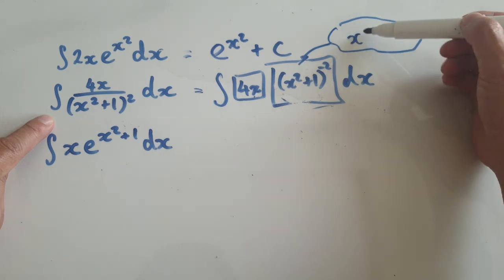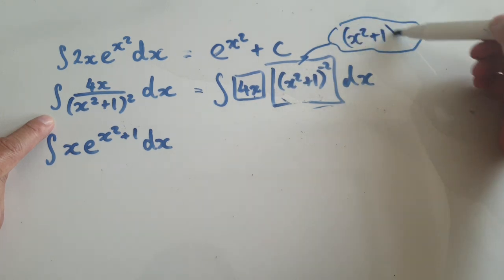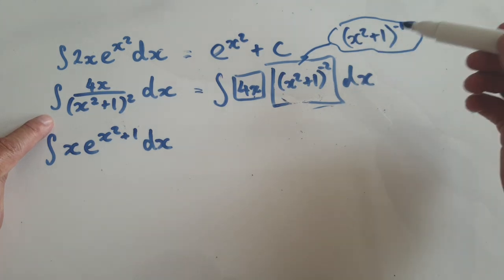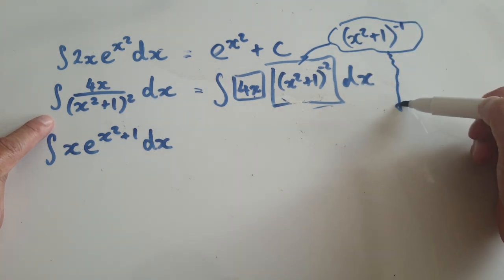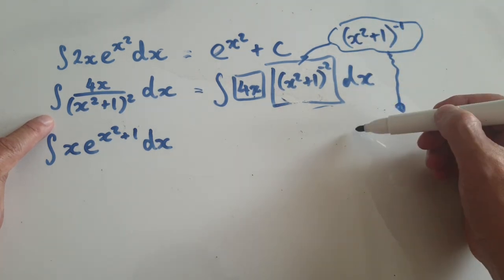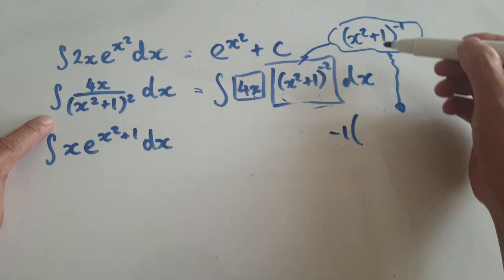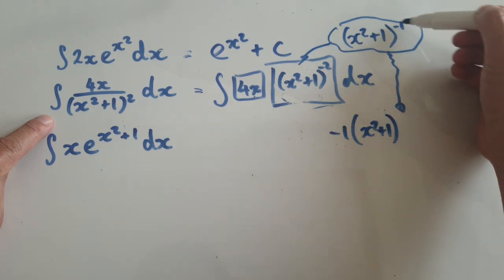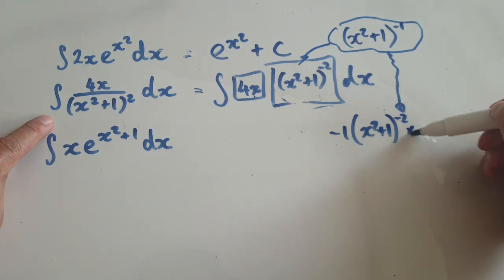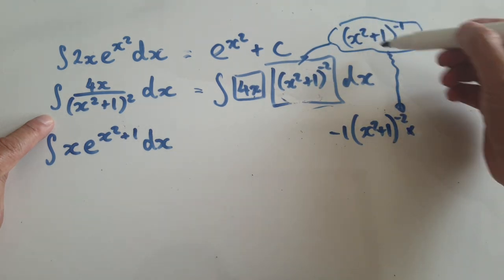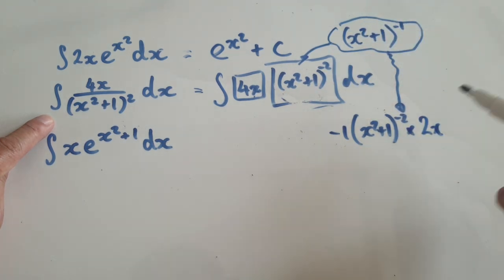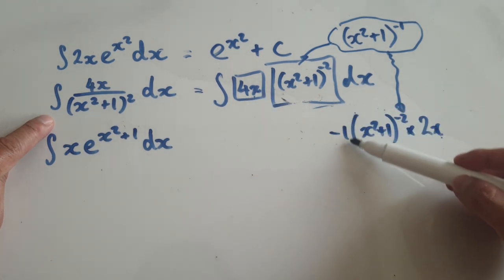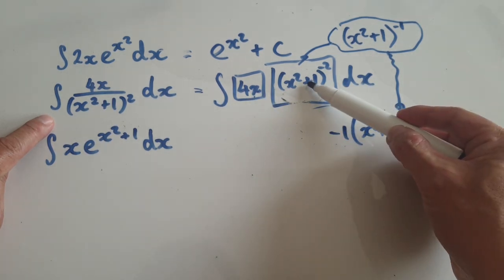So your initial guess should be x squared plus 1, and then one notch higher is actually to the power of negative 1. Now when you differentiate this, the power comes down, the bubble stays the same, the power gets minus by 1, and then you times the derivative of the bubble itself, which will be 2x. And notice that you've got the x here, and then this thing here to the power of negative 2 is exactly the same as this.